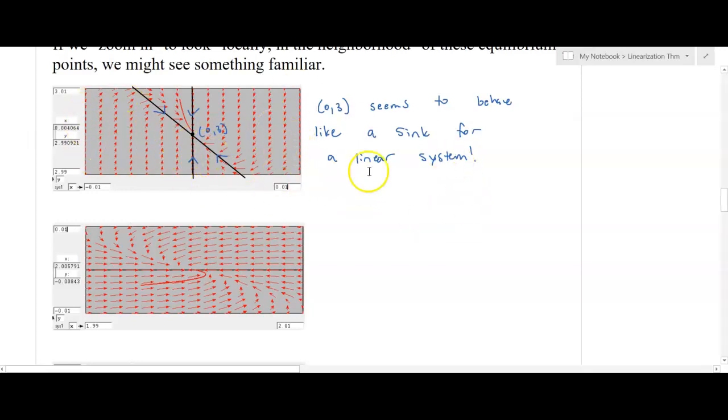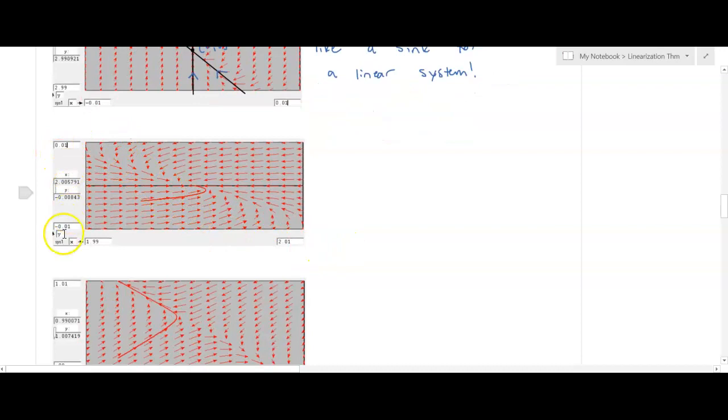This was our original equilibrium point (0, 3) that we looked at, and I've superimposed the 2 straight lines that represent the eigenvectors for the linear system right around that point. And we see that it looks like a sink for a linear system. This was where we were looking at the point x equals 2, y equals 0 right there.